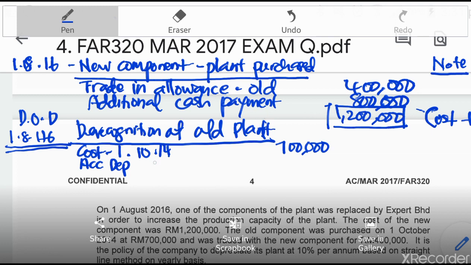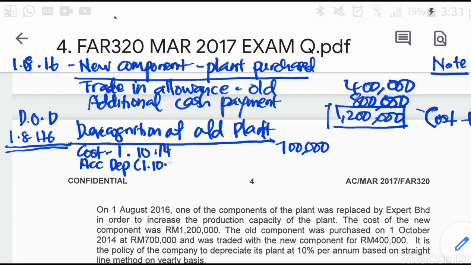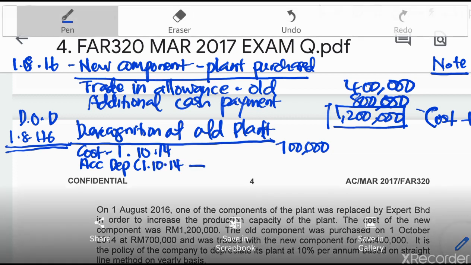So the accumulated depreciation would have been charged from 1st of October 14 up till the date of disposal. However, since we are talking about an asset that has yearly basis for depreciation, there is no disposal in 2016.